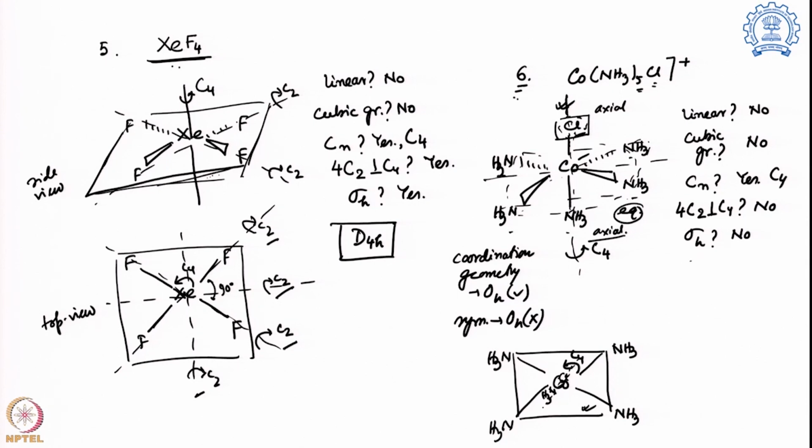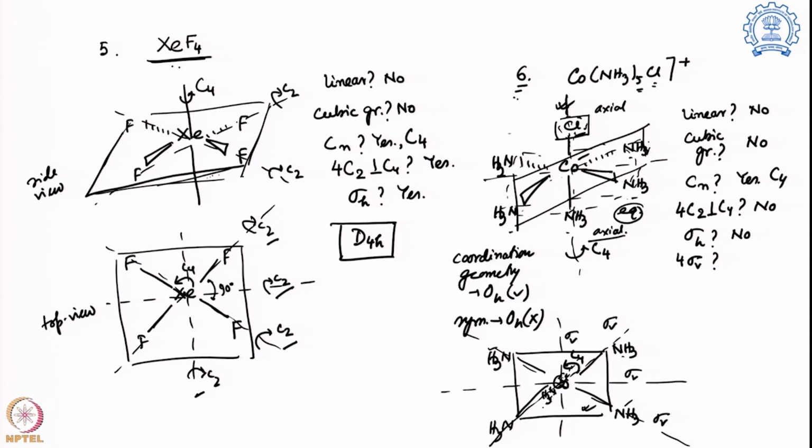Then the next question comes, do you have 4 sigma V's? And that answer is yes, because those are present along the equatorial ammonia, cobalt, ammonia bond. For example, this particular plane is one of them, and it contains ammonia, chloride and ammonia in the axial position, the C4, and these two ammonia are going to reflect. Same thing happens when I am going through this particular way. So, this is a sigma V. We can have sigma V's going between the ammonia, cobalt, ammonia bond.